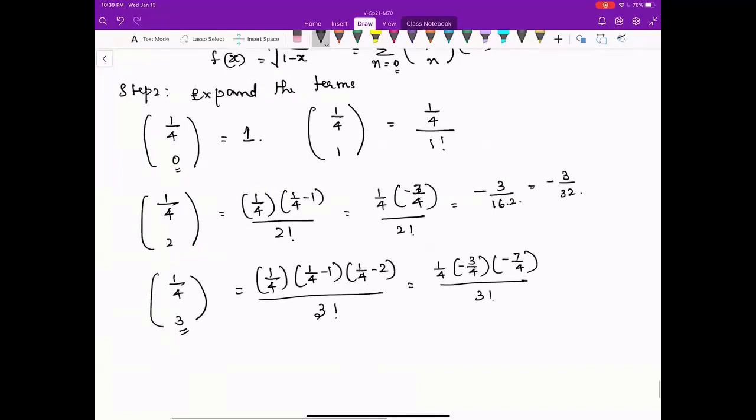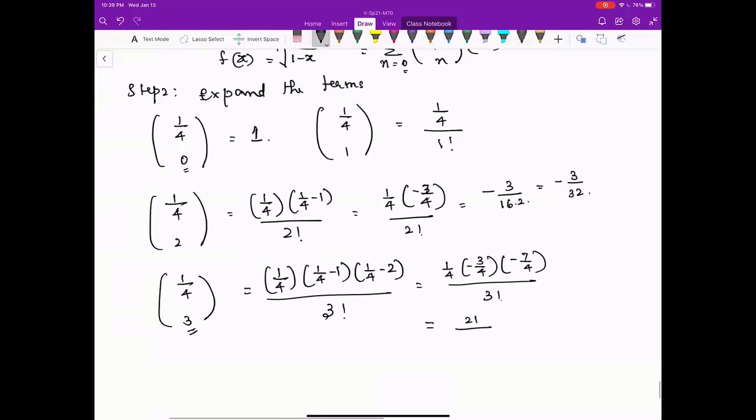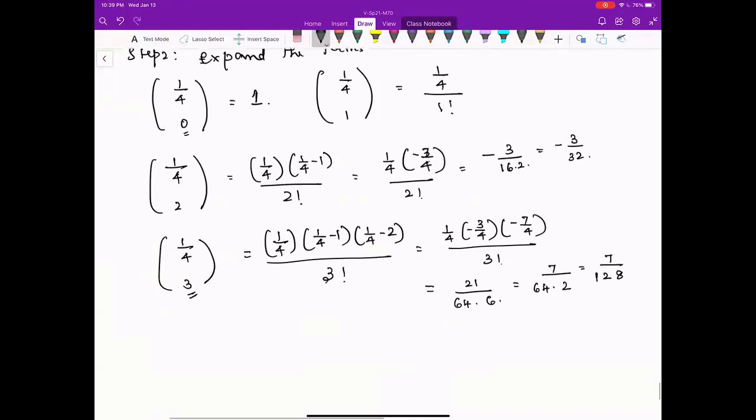So it is positive 21 over 64 times 1 over factorial 3. Factorial 3 is 6. So if you reduce, it's going to be 7 over 128. You can continue like this.